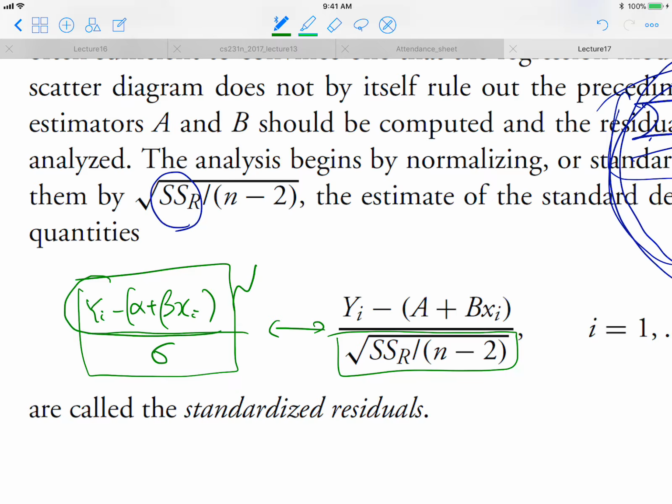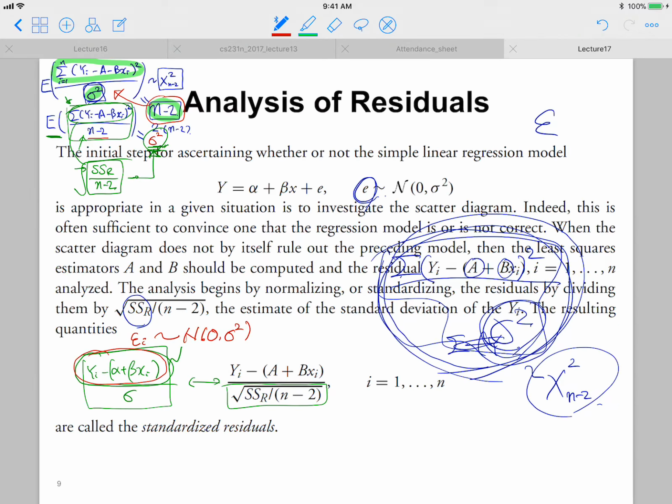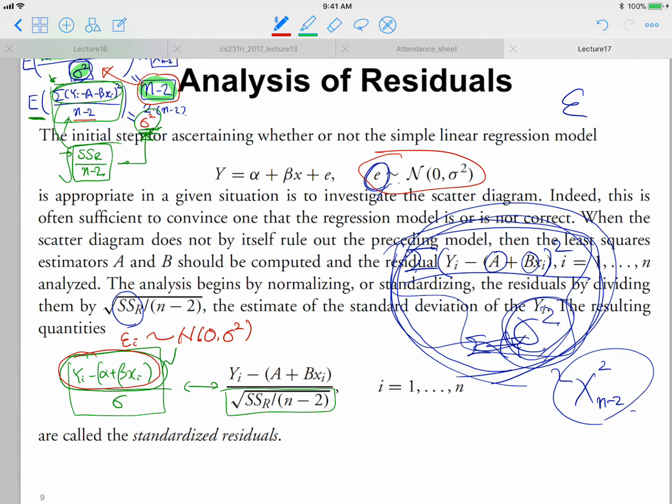Or more simply, what does the numerator follow? It is epsilon i, following a Gaussian distribution with zero mean and variance sigma squared, right? So that was the starting point. That is our initial assumption that we started with.